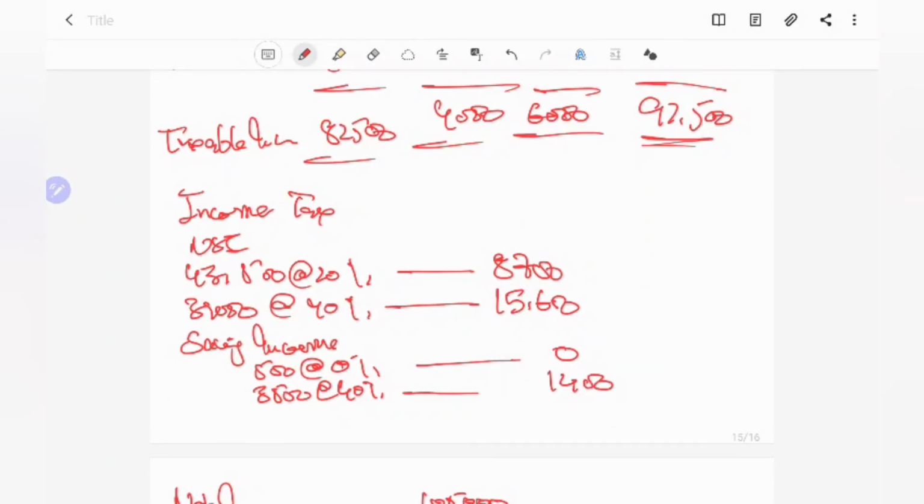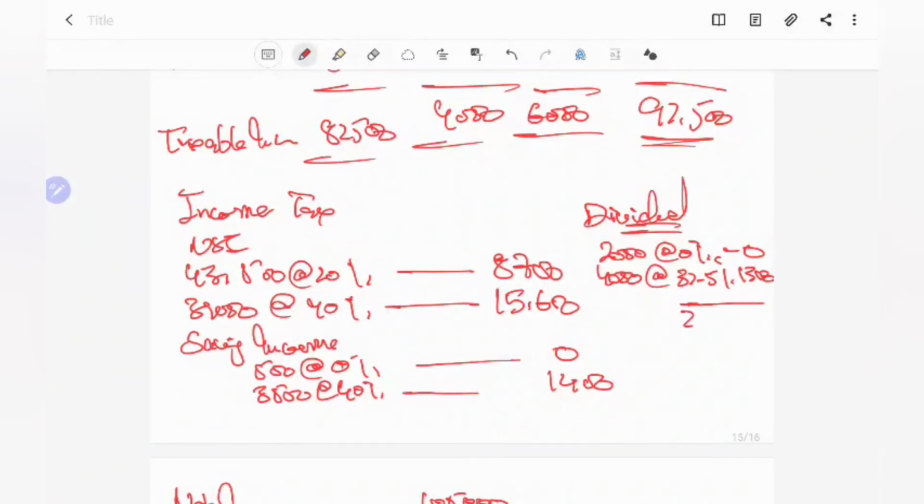Okay, and then dividend income, we will get 2,000 at 0%, and 4,000 at 32.5%. I will do 1,300.